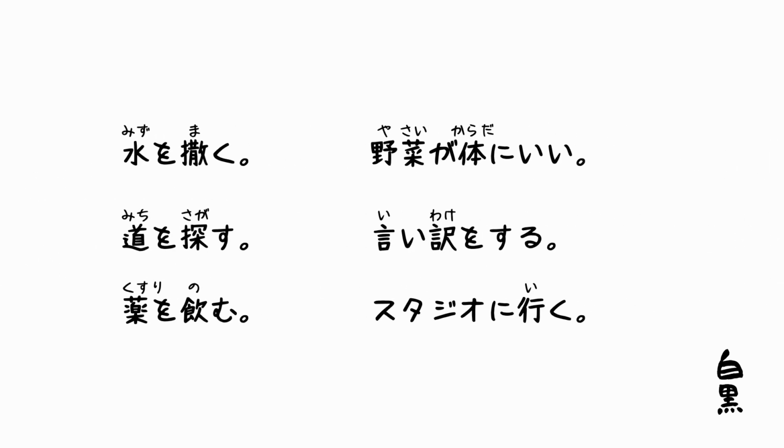Here are some more examples. 水をまく、道を探す、薬を飲む、野菜が体にいい、言い訳をする、スタジオに行く。You see? There are some pattern A verbs already.